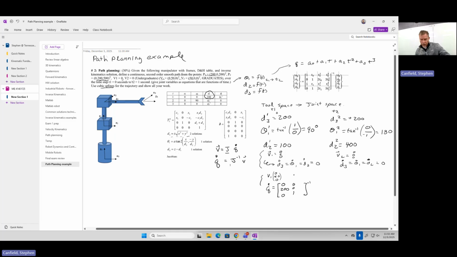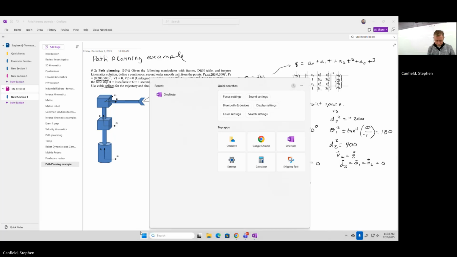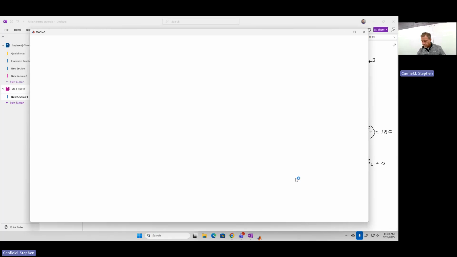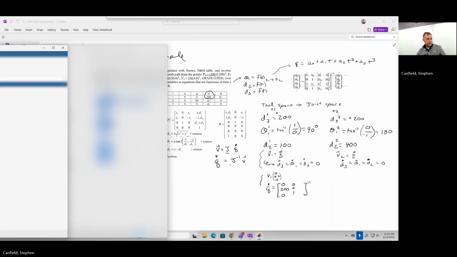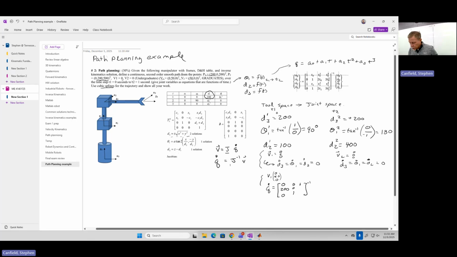And third one. And by the way, while I'm doing this, I'm going to start MATLAB. I'll need some way to take the inverse of this matrix. I'm going to throw that up over here. The third column is going to be the sine of theta 1, which is 1.